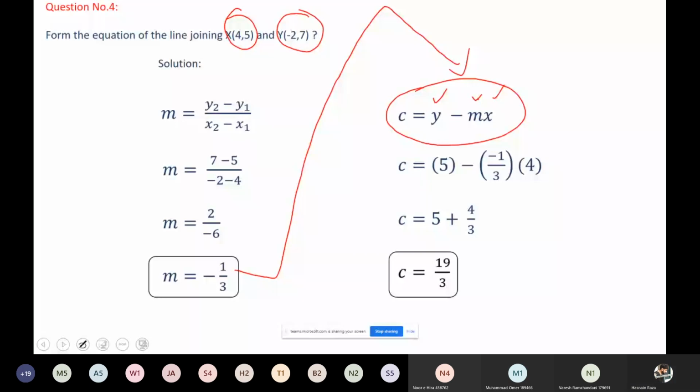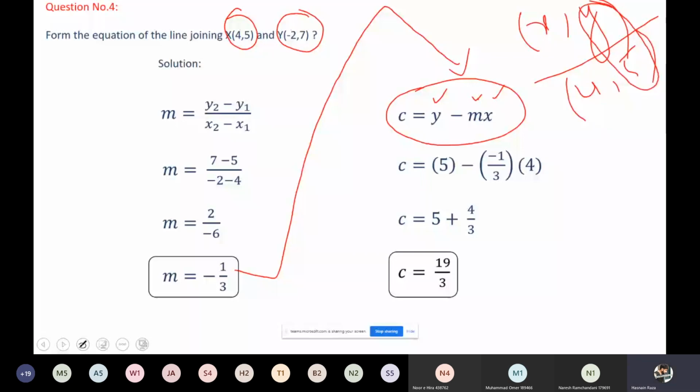Because the points are always written in the form x comma y and we are having 4 comma 5. So y is 5, to be placed instead of y. Minus 1 upon 3 is placed instead of m. And 4 is placed instead of x. Yeah, okay?